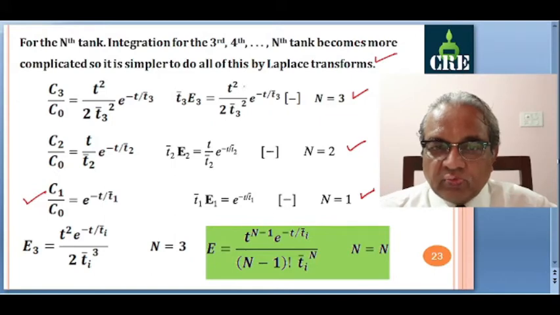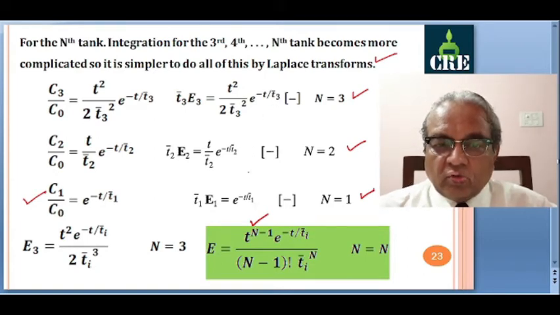T raised to n minus 1 means 3 minus 1 is 2. T square. So I can write for T, T raised to n minus 1. Here we have T1, T2, T3. So, and all is equal to, we can write that is equal to Tn. But all these terms are equal to Ti. So I am writing here Ti.